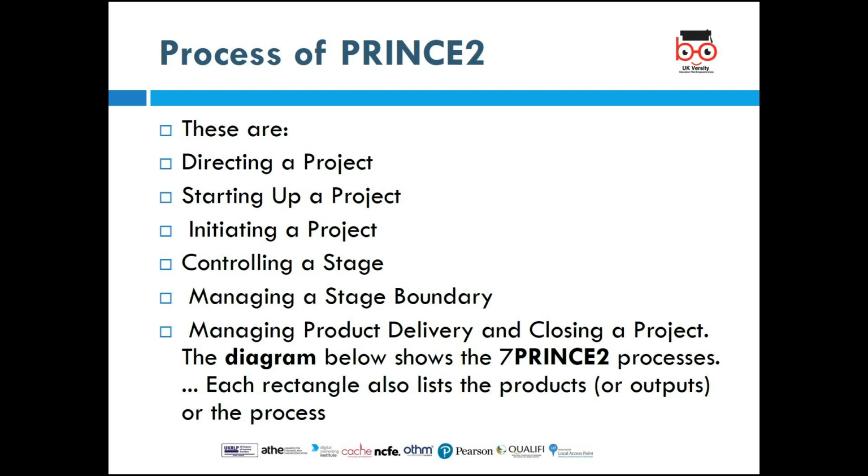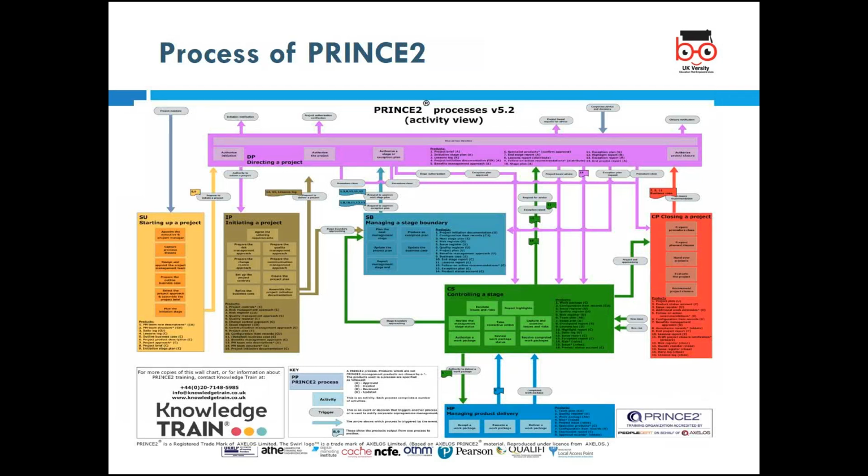Right. The diagram we're going to show in the next slide demonstrates the 7 processes that we're talking about in Prince 2. And each rectangle also lists the product or output of the process. So let's look at the diagram we're talking about.